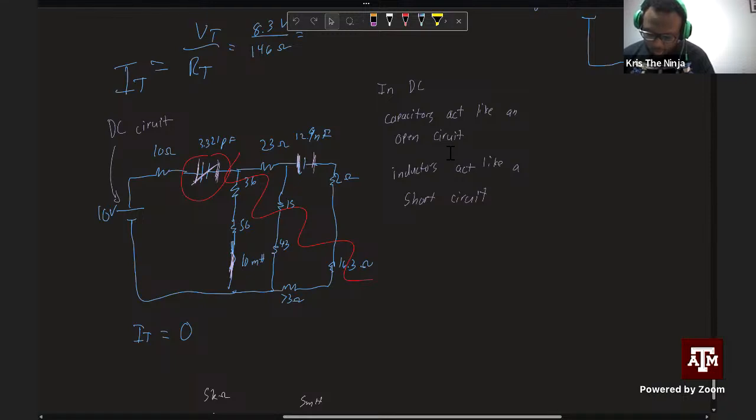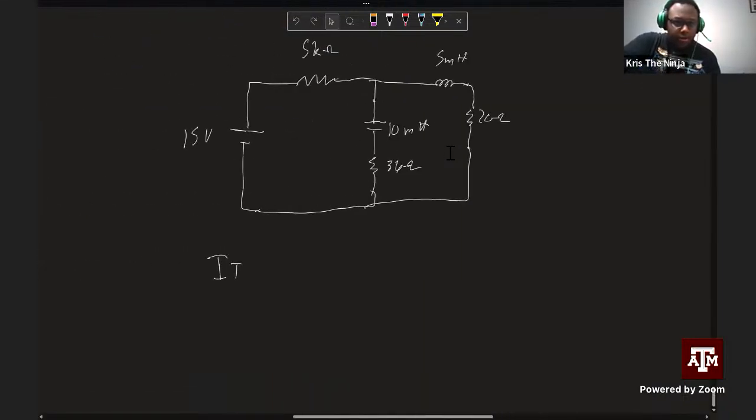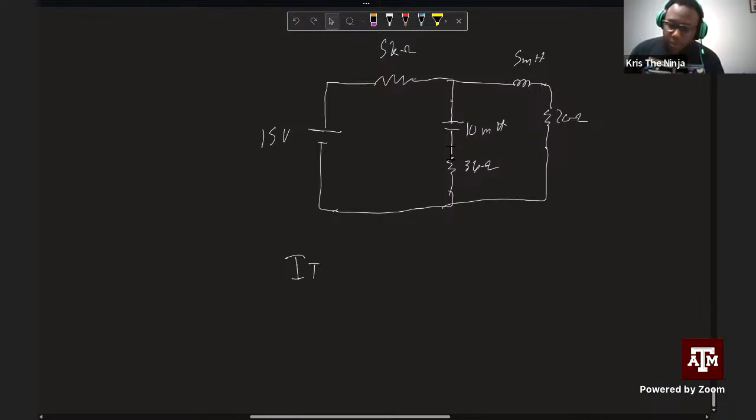We'll have a resistor, 20 ohms, and we'll complete the circuit. So if we're asked to find the total current in this circuit, with what I just taught y'all, well, oh, that should not be henry, that should be farads.